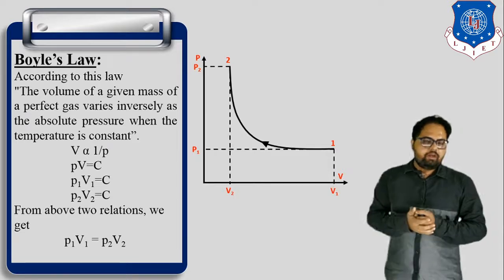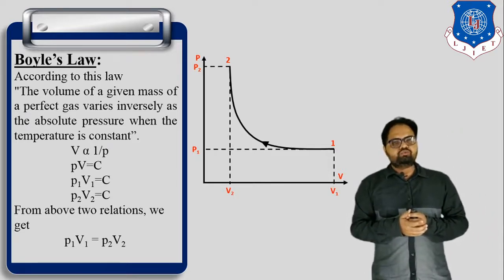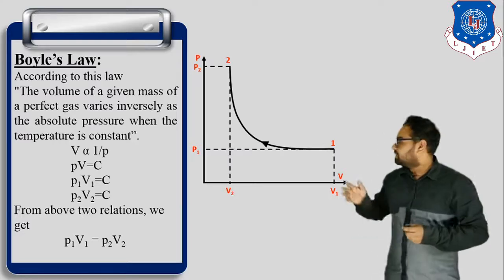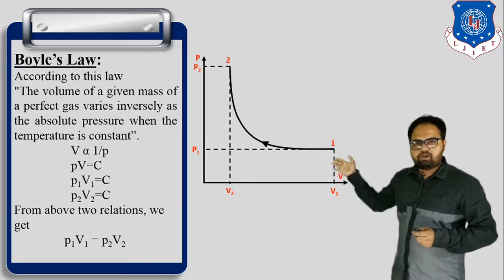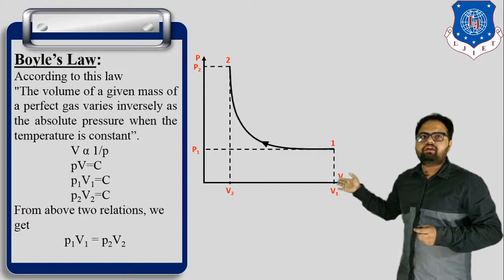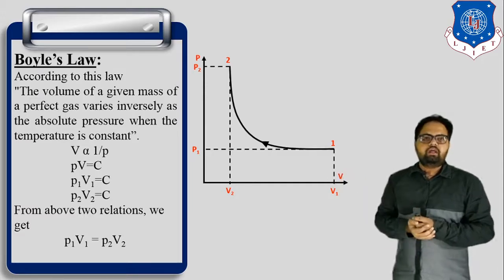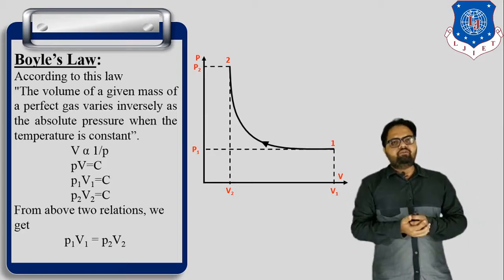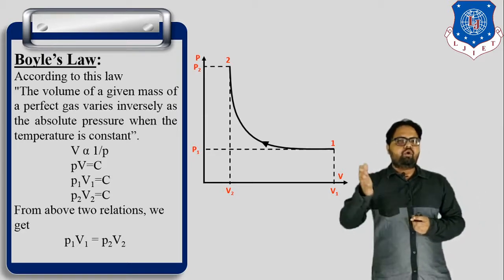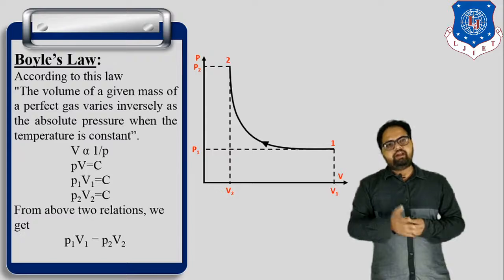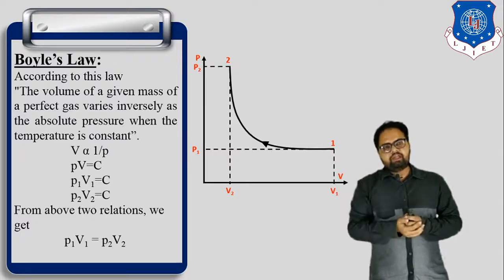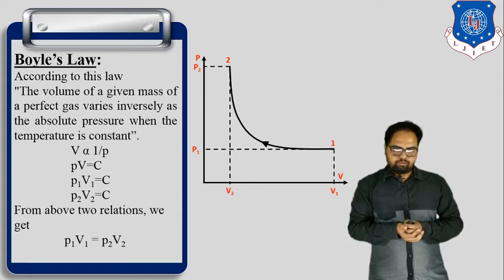Dear students, the PV diagram is used for finding out the work done during the process. The area covered below this diagram gives the value of the work done during the process. So for finding the work done during the process, we always draw a PV diagram, and the area covered below this diagram gives the information of the work done during the process.